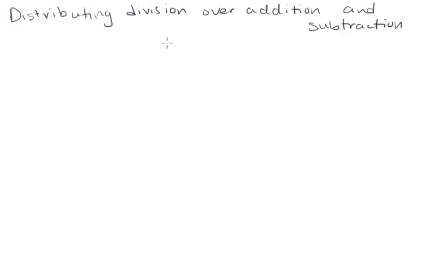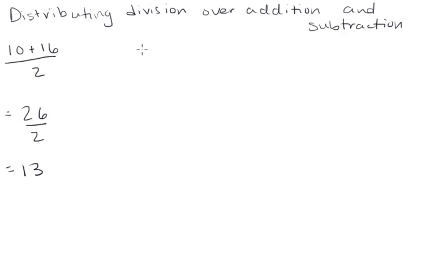So you're going to see problems where you'll have like 10 plus 16 divided by 2. Now in this case, you could add the numerator first. So you would have 26 over 2, which is equal to 13.